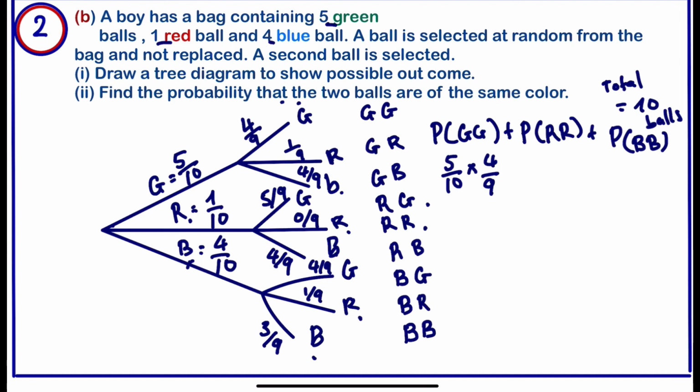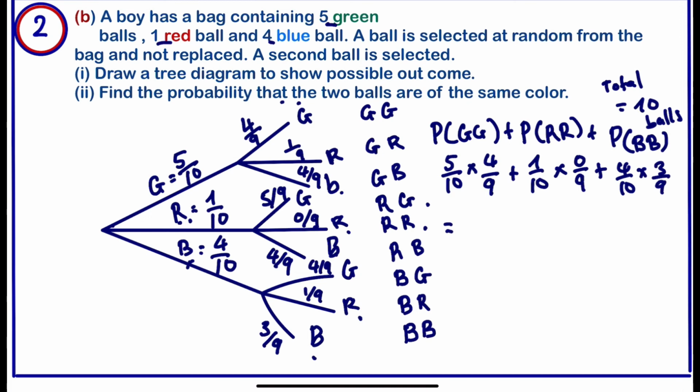Have to be very careful. Next we have red and red, plus 1 over 10 times 0 over 9, plus the last one is blue, blue, plus 4 over 10 times 3 over 9.